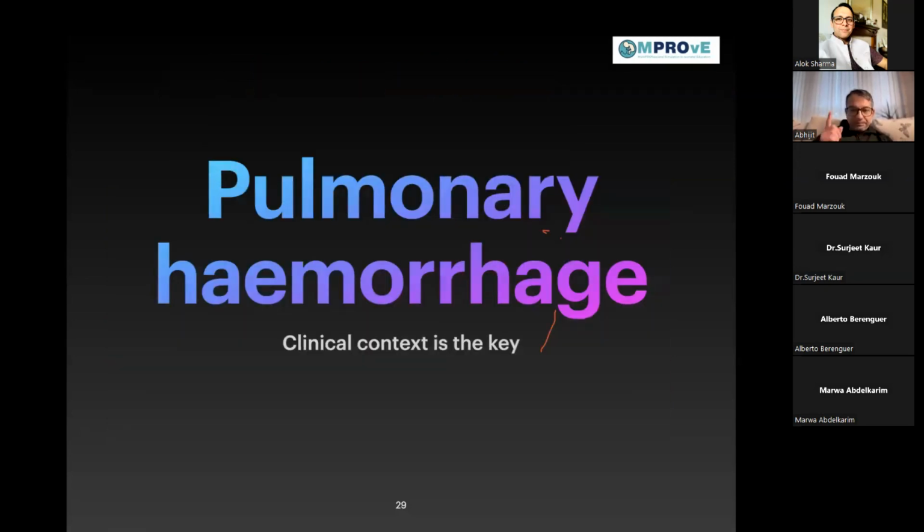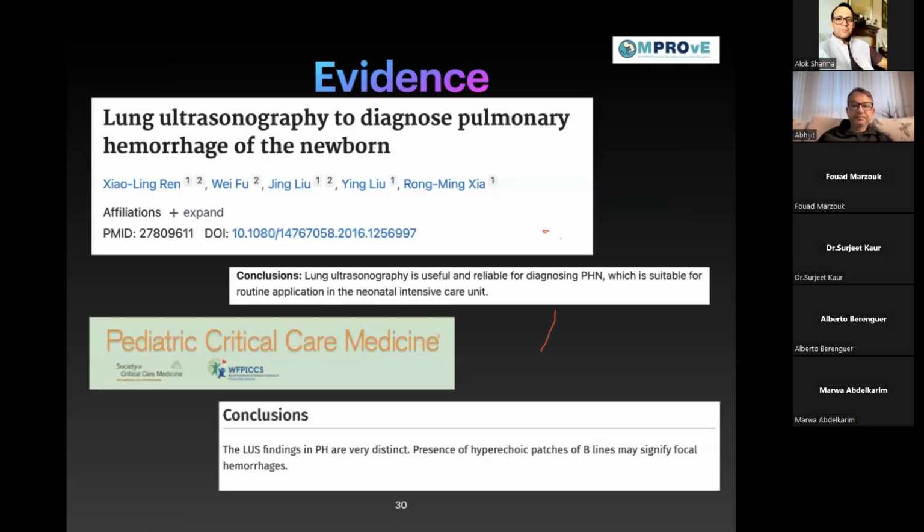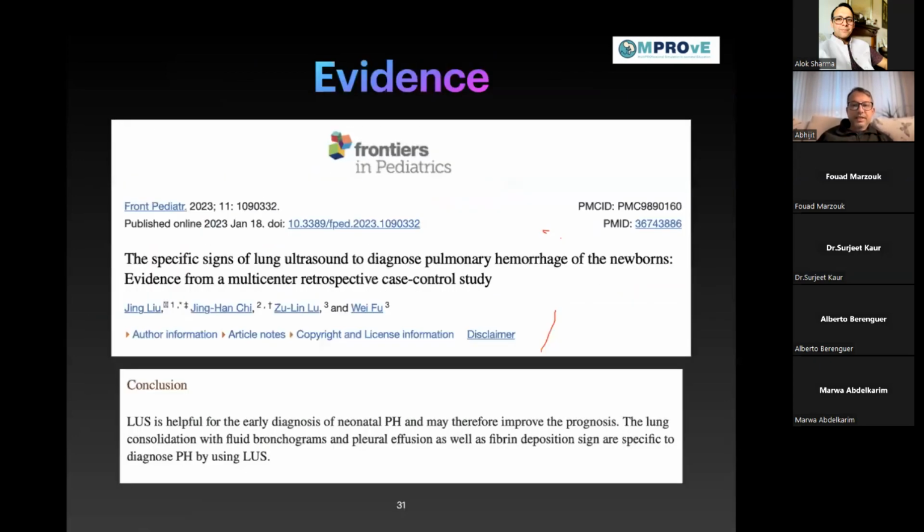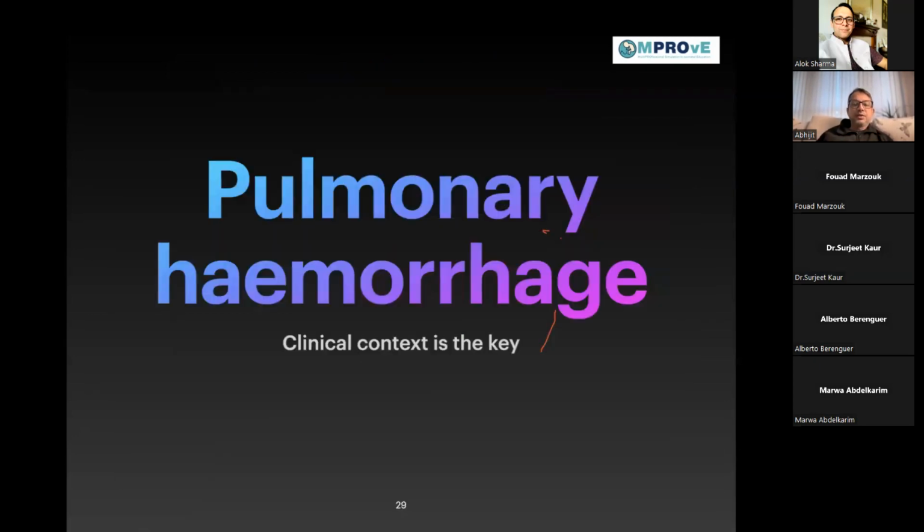Pulmonary hemorrhage. So clinical context is the key. Now, there are no surprises here. Going back to the air fluid curve graph, I have not put the slide here again, I think. So with the pulmonary hemorrhage, you're hemorrhaging blood into the pulmonary area.